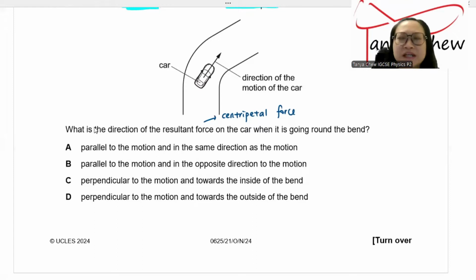And since the centripetal force is not changing the speed of the car, it cannot act parallel or anti-parallel to the car. It cannot act in the direction of the speed, because when the force is acting in the direction of the speed, the car will move faster. So that is why the answer is C.